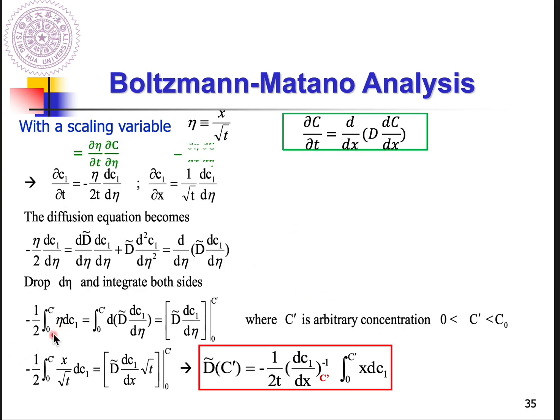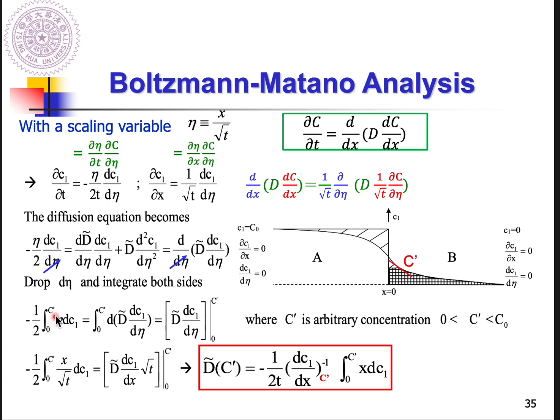So turn the bottom c to c prime. So you get the integral from 0 to c prime. So after arrangement, you can get the interdiffusivity.